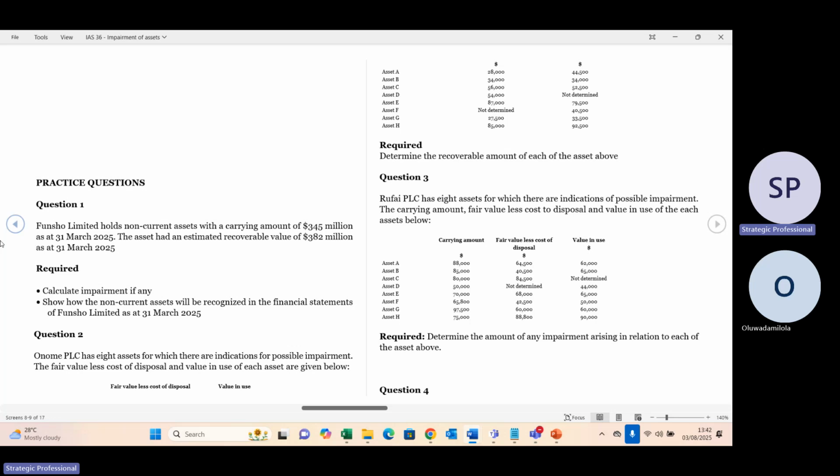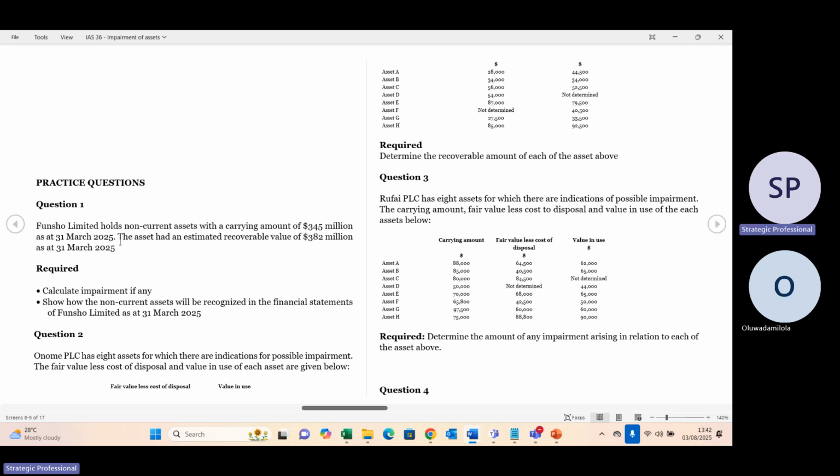Okay, the first practice question. Question 1. Funsure Limited holds non-current assets with a carrying amount of $345 million as at 31 March 2020.